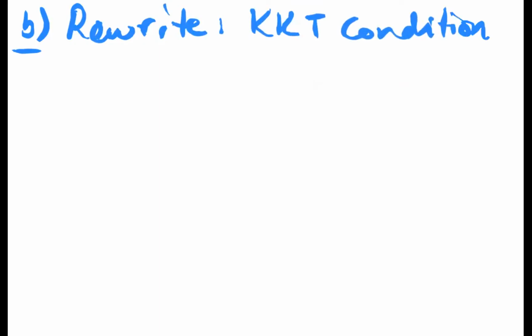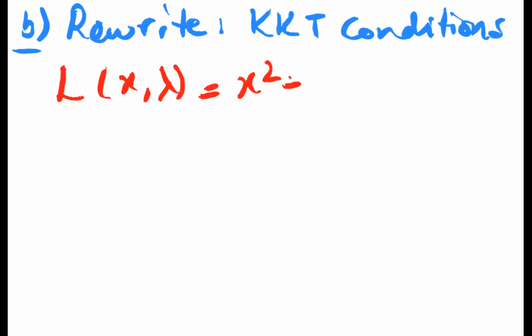Let's make it complicated. Life is not fun without complications. So we write the Lagrangian function L(x, lambda) equals x squared plus 1, and now we add the constraint with minus lambda. The constraint is x squared minus 6x plus 8.